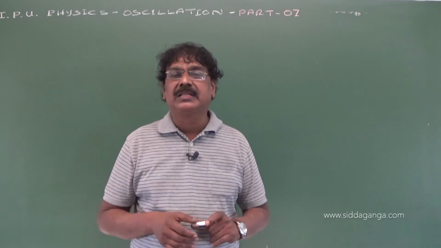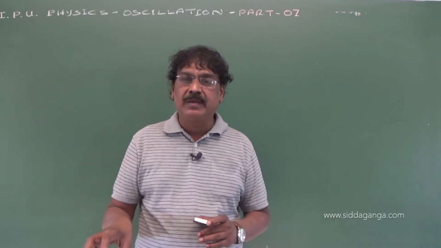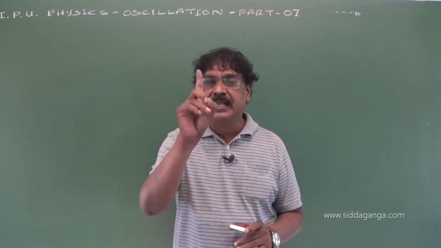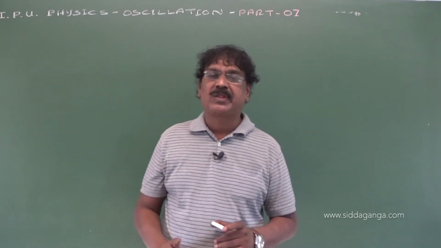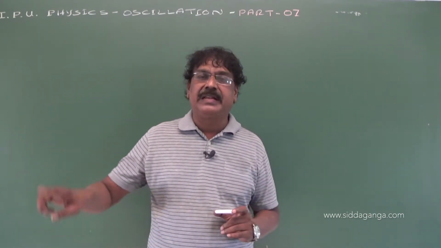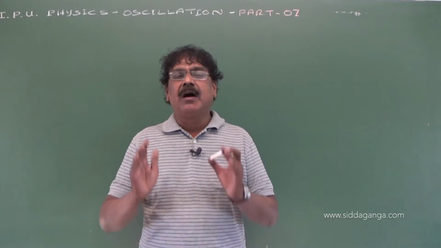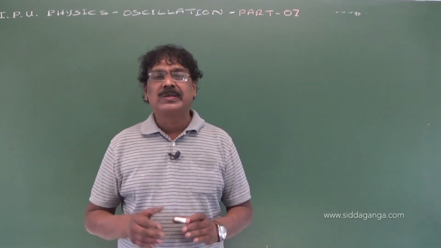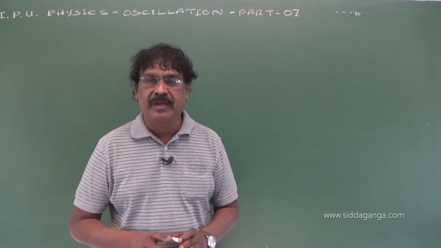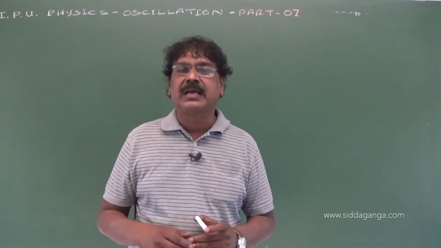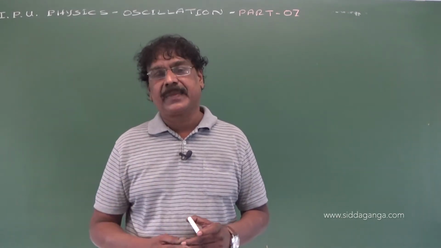The force that causes motion of the bob towards its mean position is the restoring force in that case, and due to that restoring force it begins to oscillate. So the oscillatory motion of a body, or simple harmonic motion of a body, is due to a restoring force acting on the body.